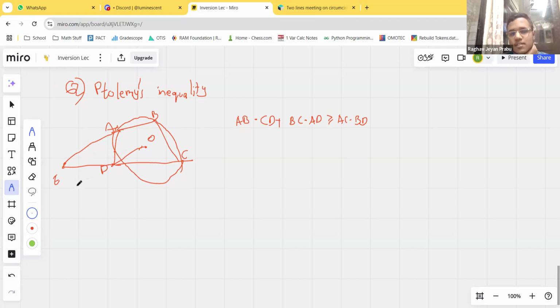Because you don't know anything about these 3 points. You can invert with radius root of EA times EB, that will swap A and B, and then D will go to some point and C will go to some point. We don't have nice control, and then again you kind of get the same inequality, right?